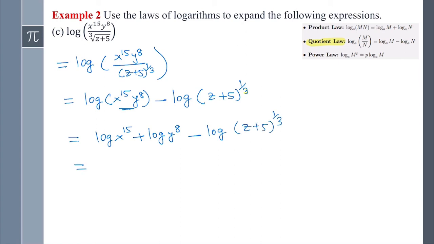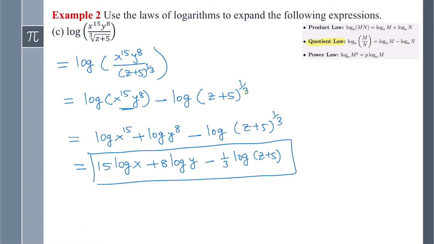Now using the power rule, we can write this as 15 log x plus 8 log y minus 1/3 log z plus 5, and that is the final expression.